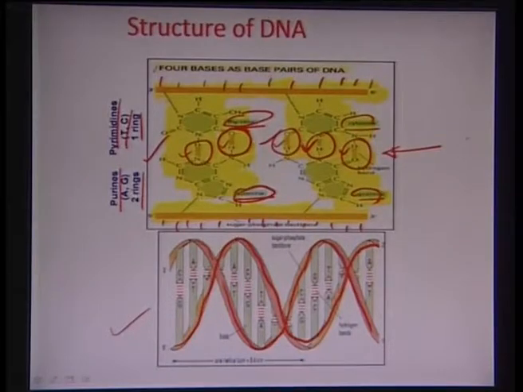Therefore the whole DNA molecule is nothing but a sequence of these different base pairs, and essentially the complementary strand is defined by what sequence this base pair here has. And so DNA has a very important advantage of self-assembling if you know one strand or one sequence in this particular molecule.